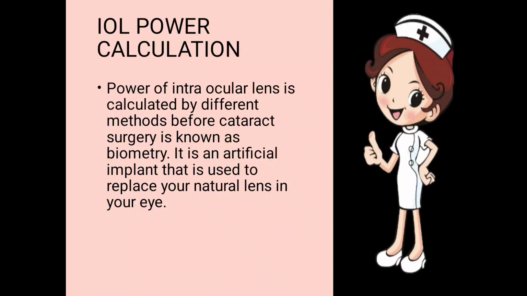Intra means inside, ocular means eye. The lens which we are supposed to implant inside the eye is the intraocular lens, and in short form we say IOL, and its power is calculated by different methods. Before doing the cataract surgery, we should know the power of the intraocular lens which we are going to implant, and that process is known as biometry.